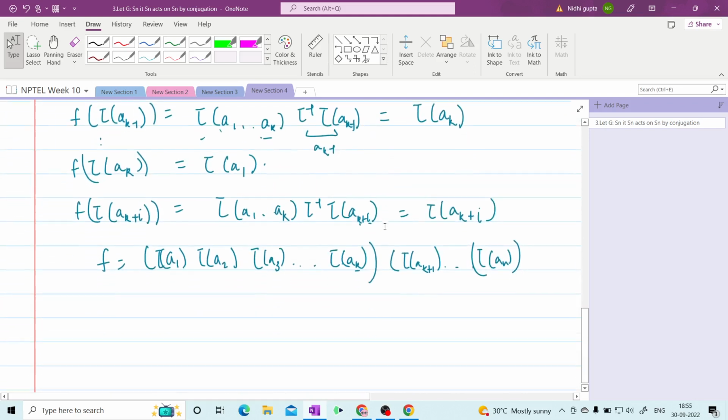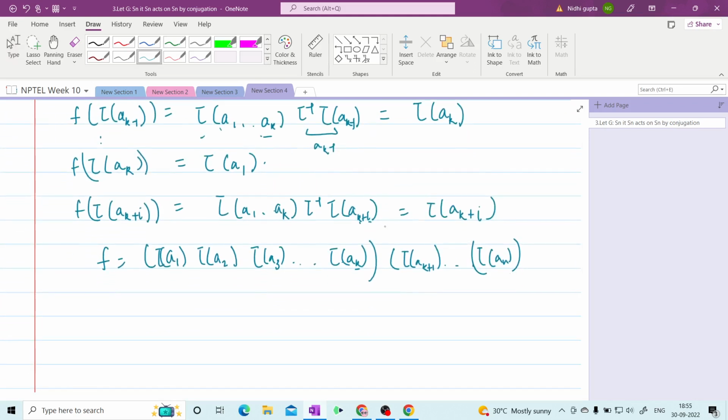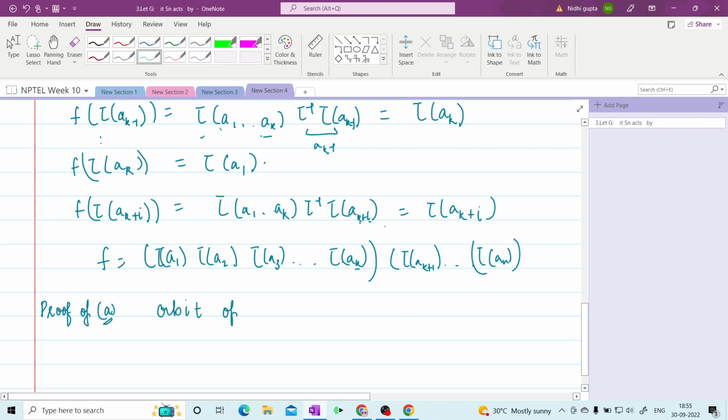Now proof of A. So we have to find the orbit of this K cycle A1 till AK. So what is the orbit?